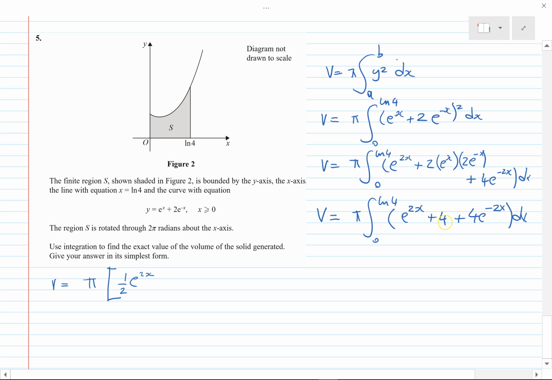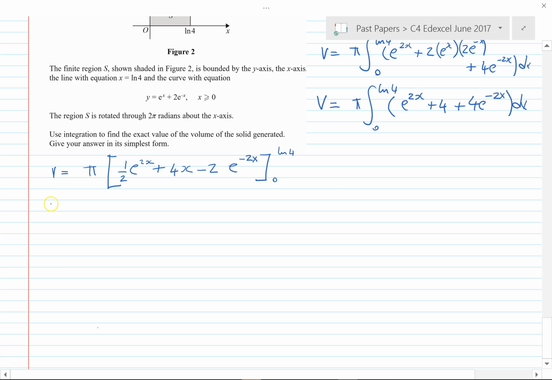And then the 4 times x, that's just that integrated. And then this bit is divide by minus 4 divided by minus 2, which is minus 2 e to the minus 2x. Between the limits, ln 4 and 0.